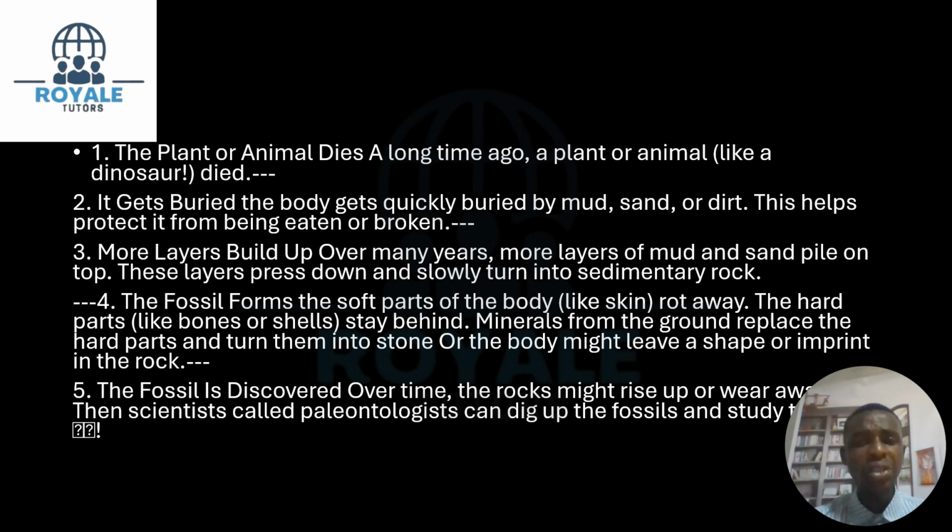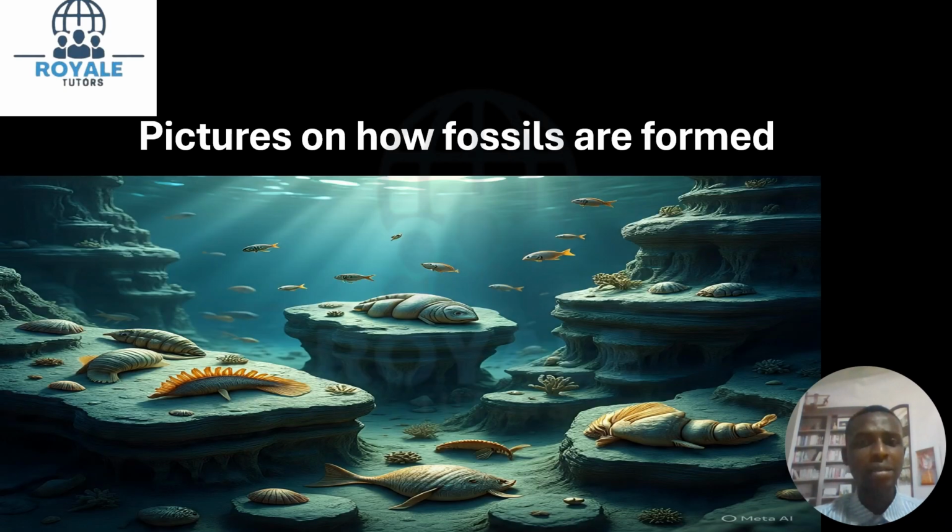For fossils to be formed, the remains of plants and animals that have died over a long period of time must be buried by mud, sand, or dirt. This will protect them from being eaten up, because if they are not properly covered, they might eventually be eaten. Now let's look at pictures of different fossils and how they are formed.